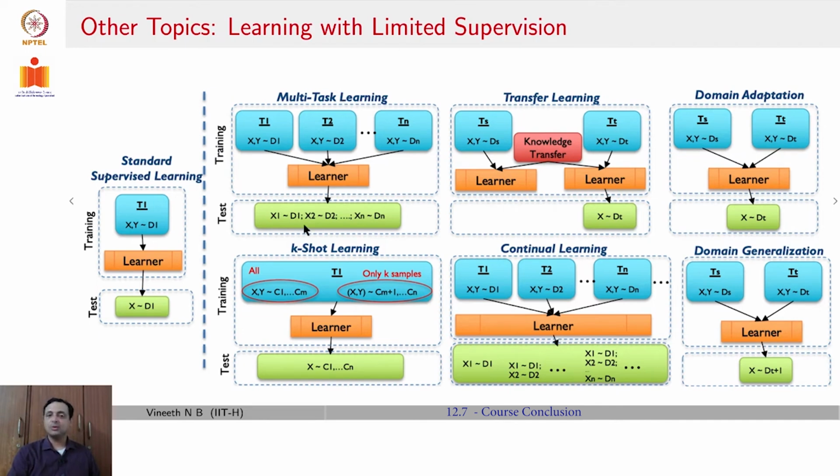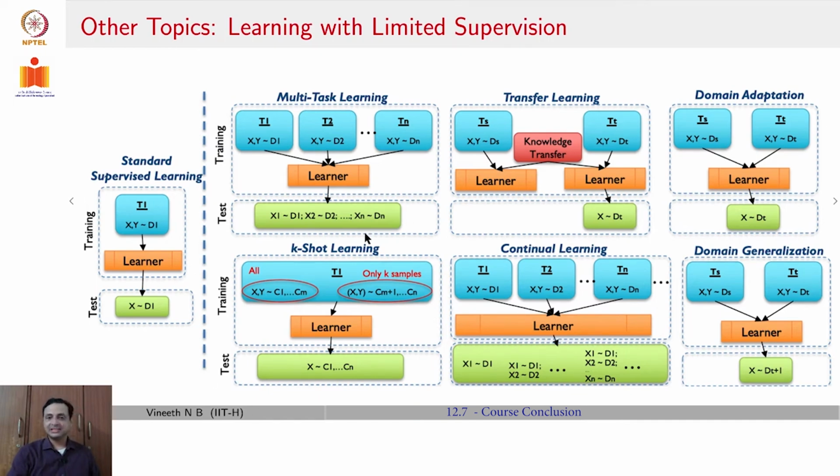In multitask learning, your goal is to do well on each of these tasks at test time, whereas in domain adaptation, your goal is to do well on the target domain alone. The source domain is intended merely to provide extra information from another domain.